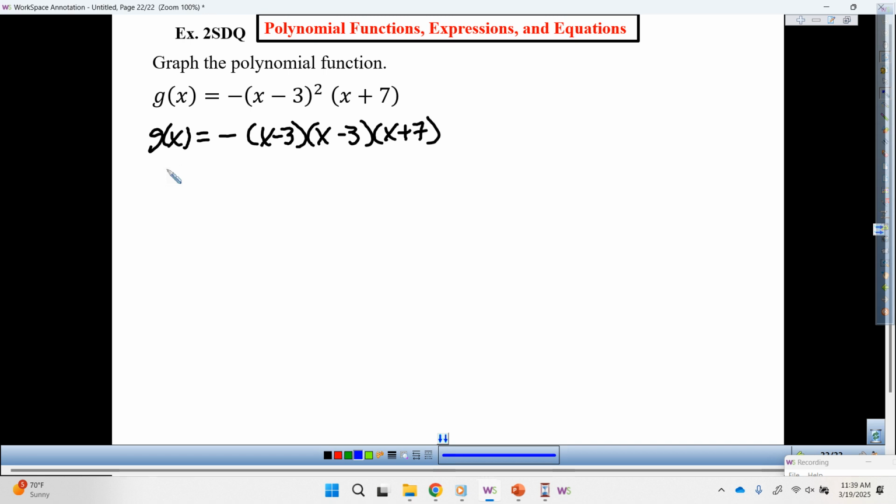Equals 0. Ooh, that was a tough one right there. (x minus 3)(x minus 3)(x plus 7). Next step, pass on one. Mariah.